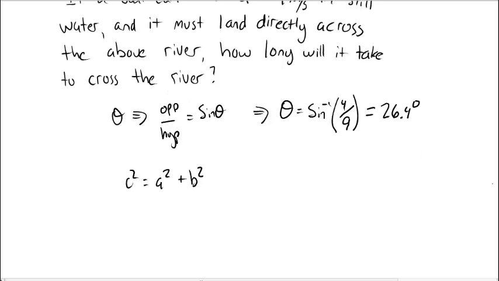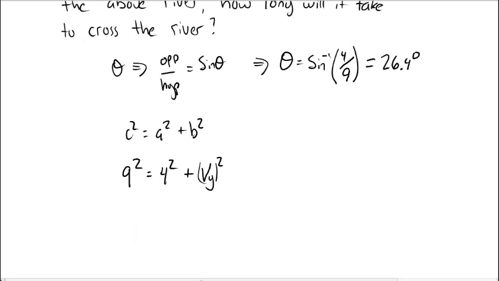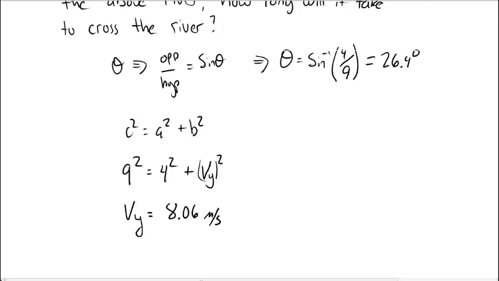So our hypotenuse is 9, so 9 squared is equal to 4 squared plus our vertical speed squared. And so when we work it out, our vertical speed is 8.06 meters per second. That's the speed with which it can cross the river.